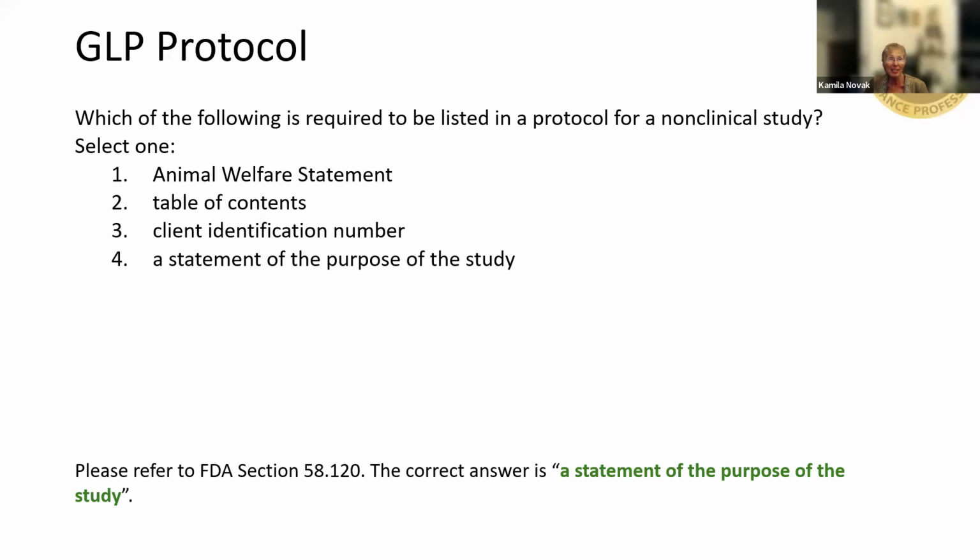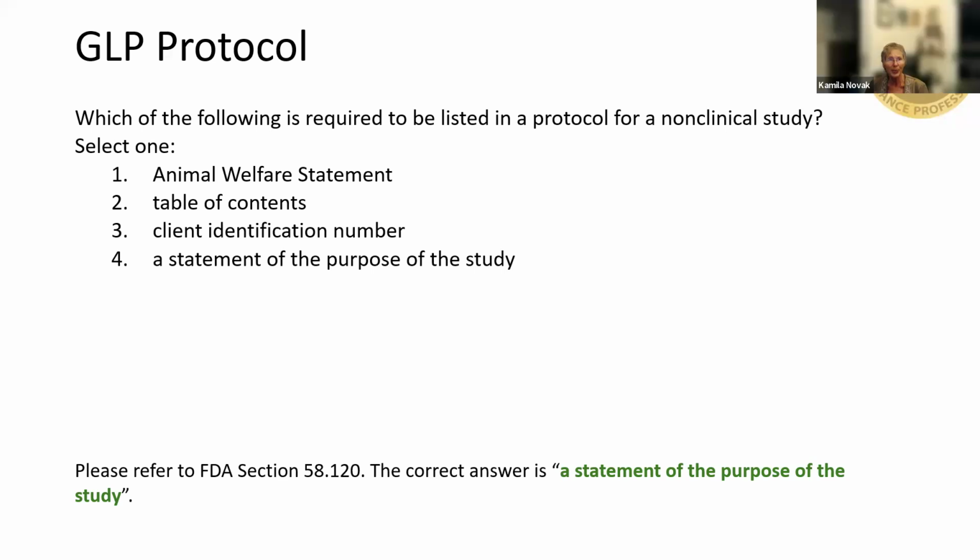But here, as we are going back, there is a list of things that are a must, and the statement of the purpose is one of them, and it's logical, because otherwise, are we sure what we are doing and why we are doing that? It would be a GLP deviation if your protocol doesn't have that. If it can be simplified, that's the way I would simplify it.